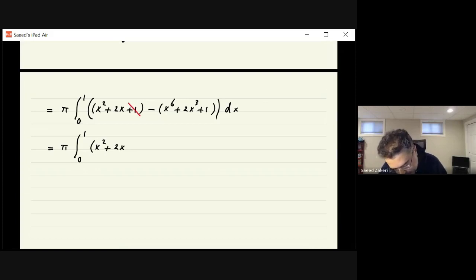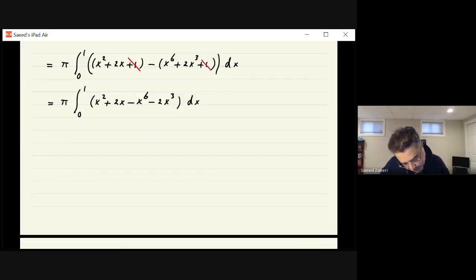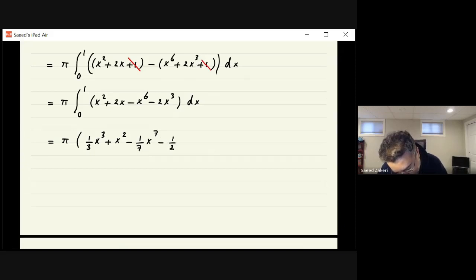This 1 and this -1 cancel out. Minus x to the 6th minus 2x cubed dx. And this is pi. Antiderivatives are 1/3 x cubed plus x squared minus 1/7 x to the 7th minus 1/2 x to the 4th, evaluated at 1, then 0.